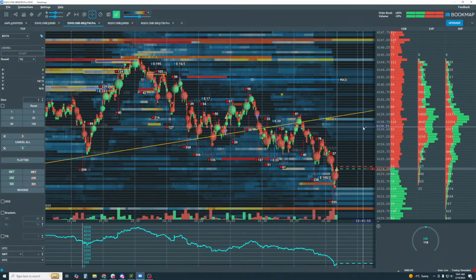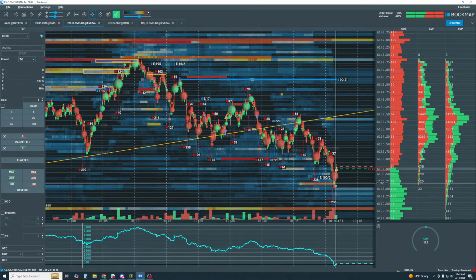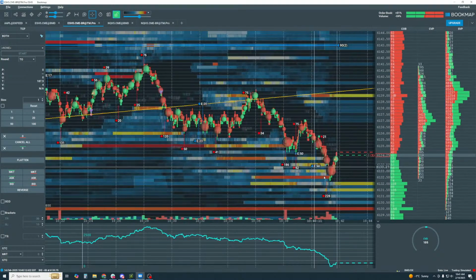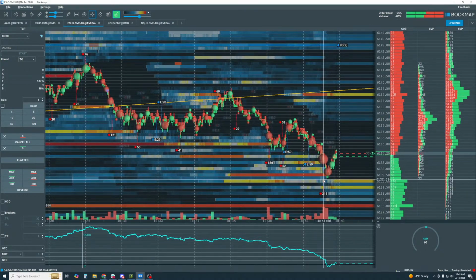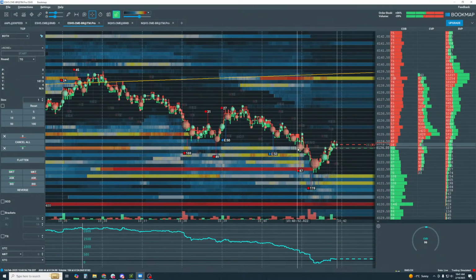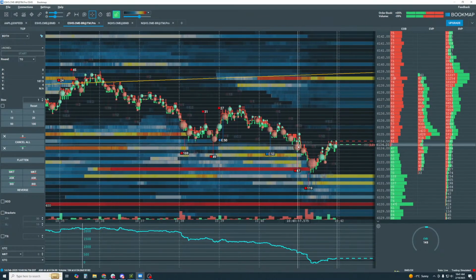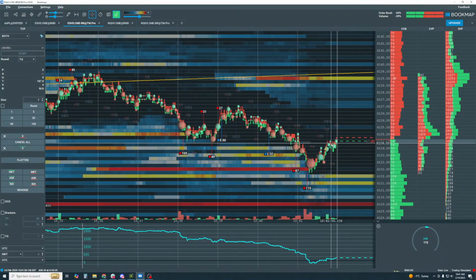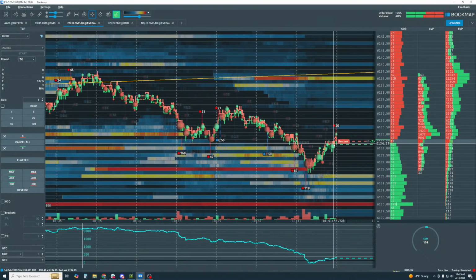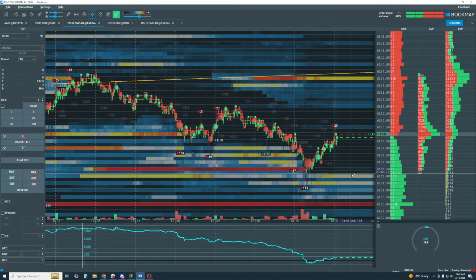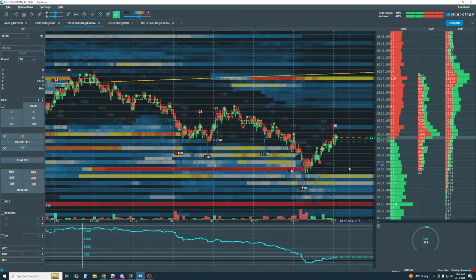We'll flatten the position. Okay, so that's it. We'll look for the next one. But in fact, the next one's potentially right in front of us as well. Here's a pullback. Let's see if it's low volume, and then trade it right back down and take another very small scalp or profit.